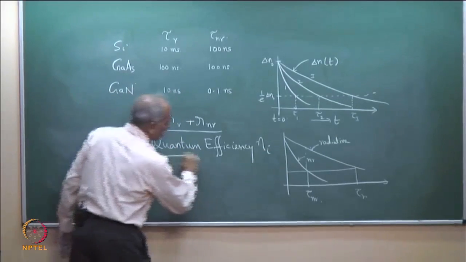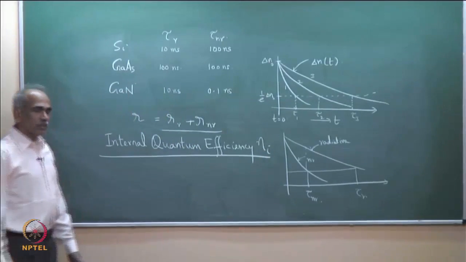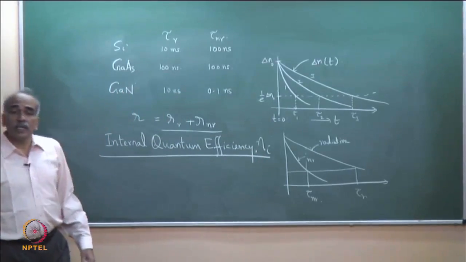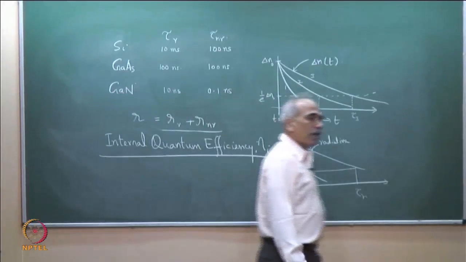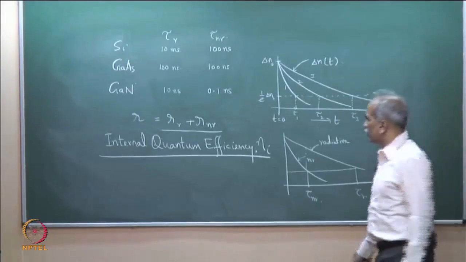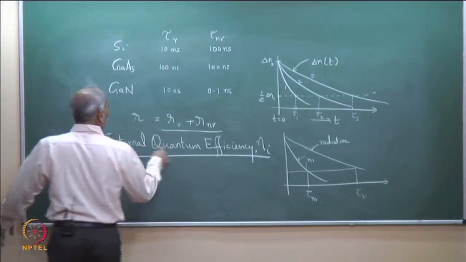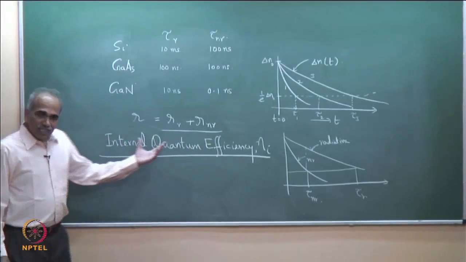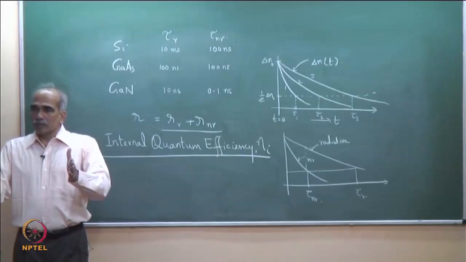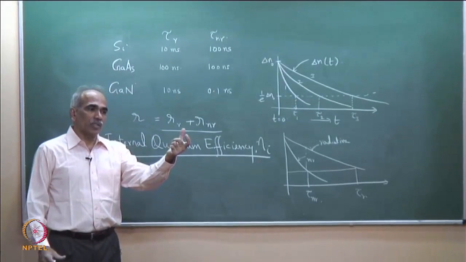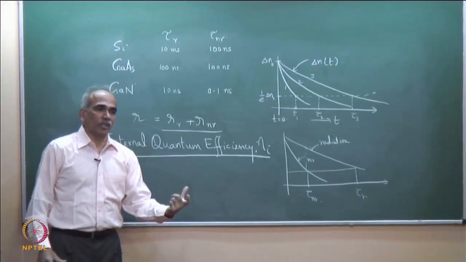In all semiconductor sources, this is the most important parameter which determines the efficiency of generation of light. What is internal quantum efficiency? It is a very simple definition. Out of the total recombinations, it is the ratio of radiative recombinations to the total recombinations.